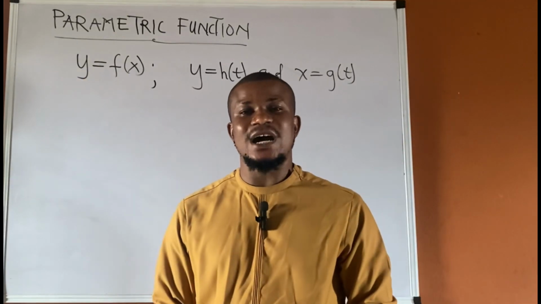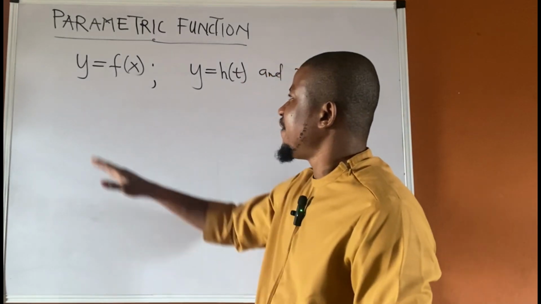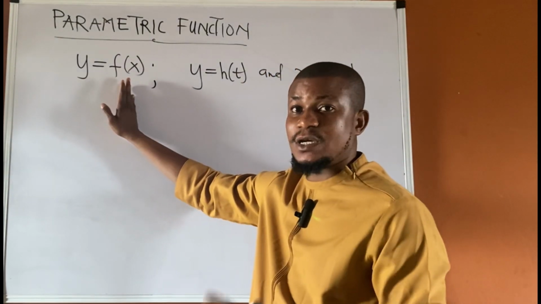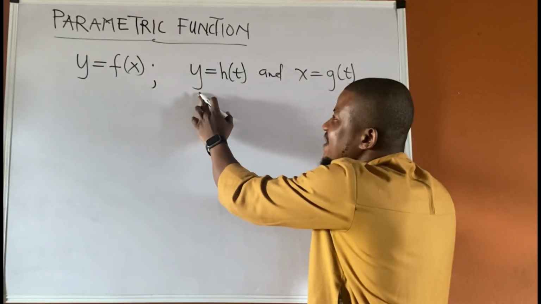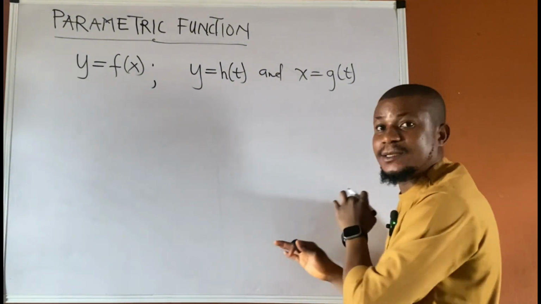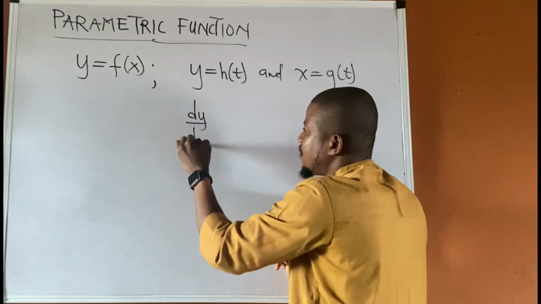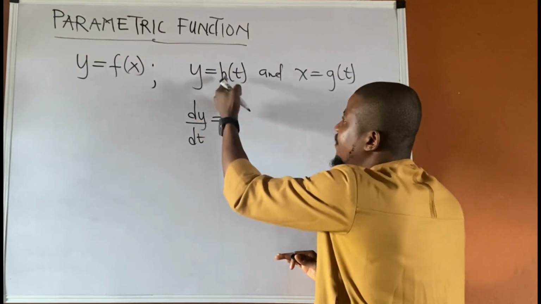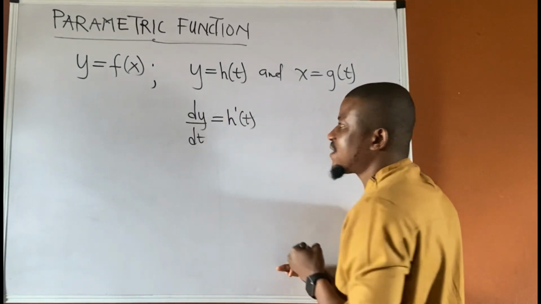Now let's look at how parametric functions are differentiated. If I want to differentiate this, if I want to find dy/dx, look at what we'll do. First, y is defined as a function of t here, and x is also a function of t. So first I'll find dy/dt, and if I differentiate this, this is h prime of t.